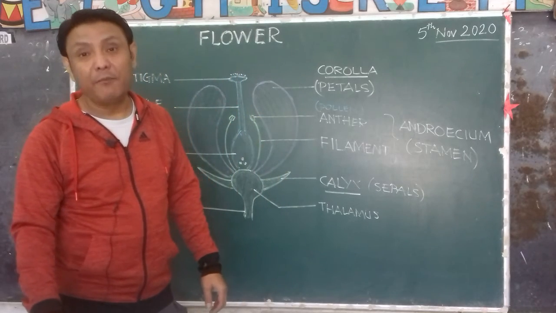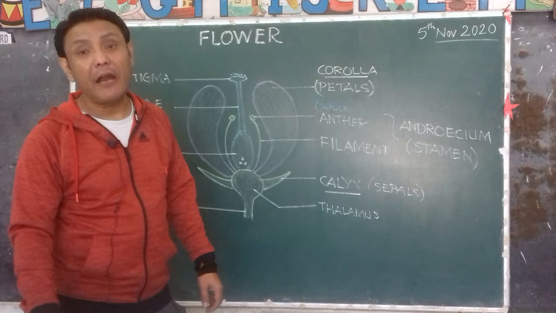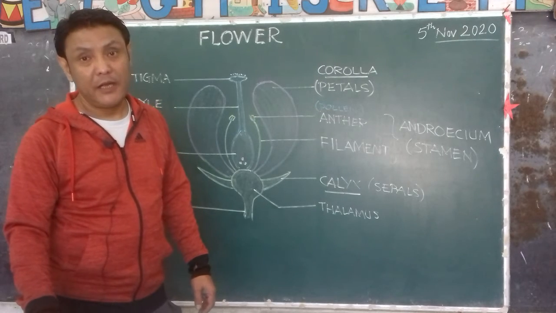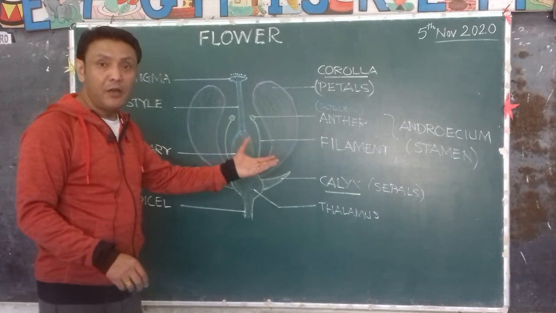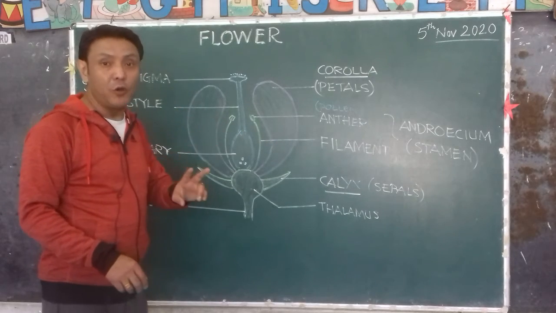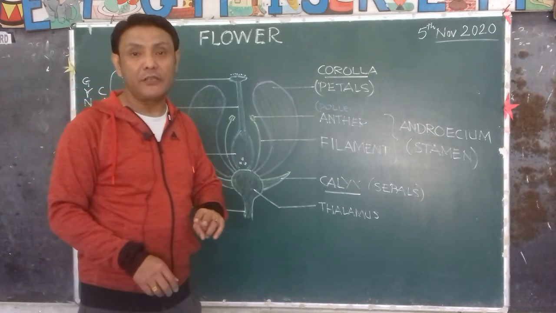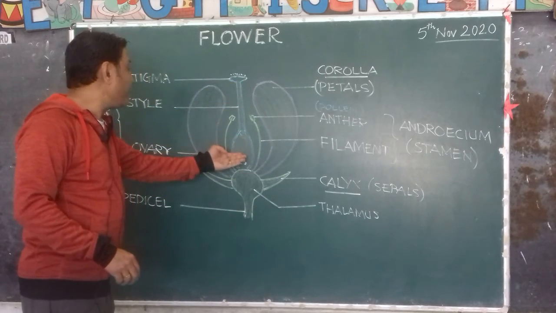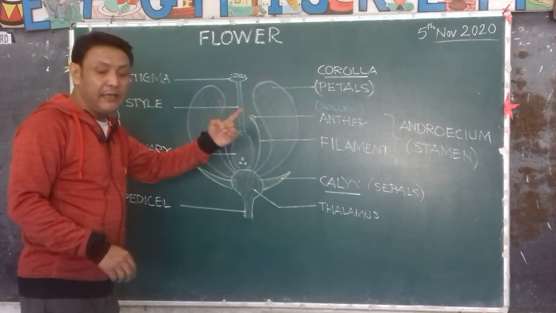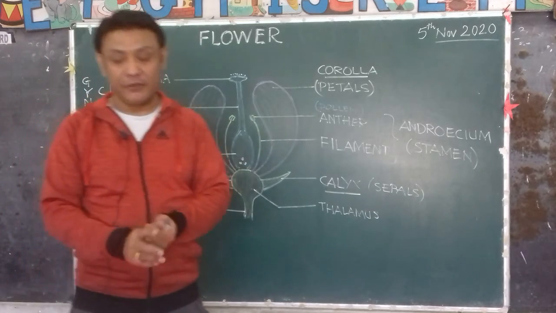Now, an incomplete flower can be unisexual. Unisexual means a flower which contains either the androecium or the gynoecium, not both. If we have both, it is called a bisexual flower. Unisexual means it consists of only either the gynoecium or the androecium. This type of flower is known as unisexual flowers.